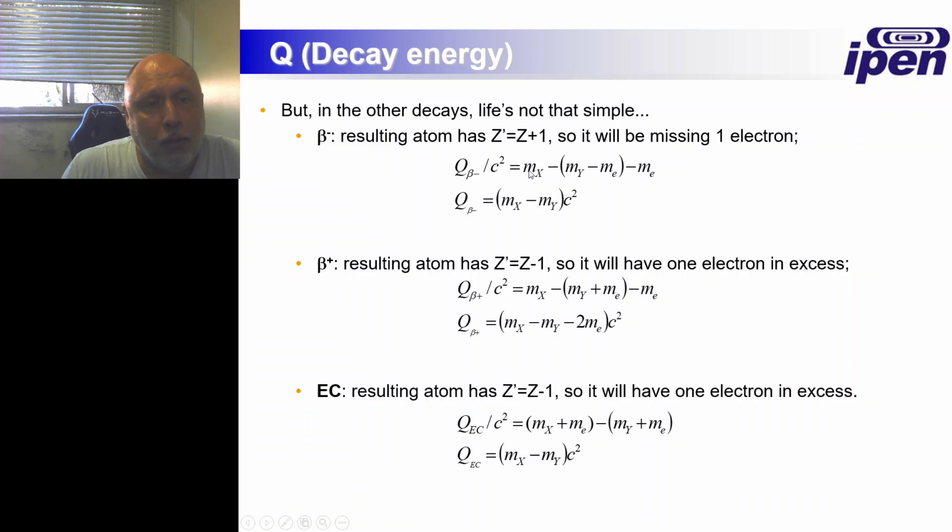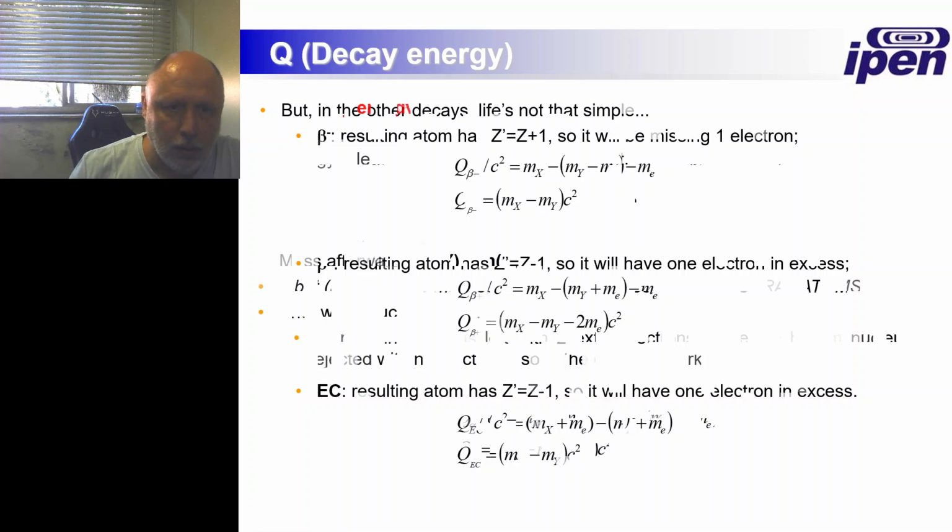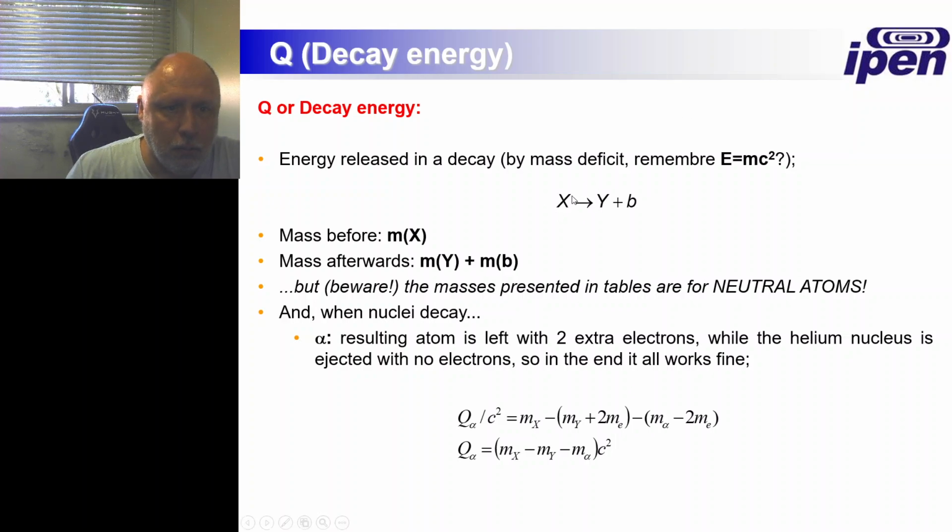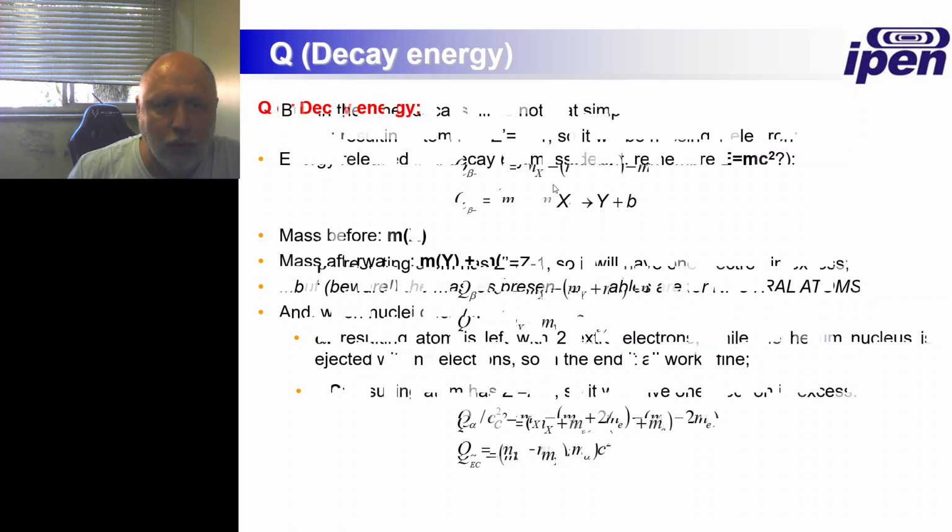So when we do the math, we have to use the mass of X, but this one we have to remember is missing one electron, and we still have the mass of the electron that is emitted, the beta particle. So if you see, it ends up cancelling out, and on the beta minus the mass of the electron disappears. So it's only this minus this, because this one cancels out with the electron that's missing.